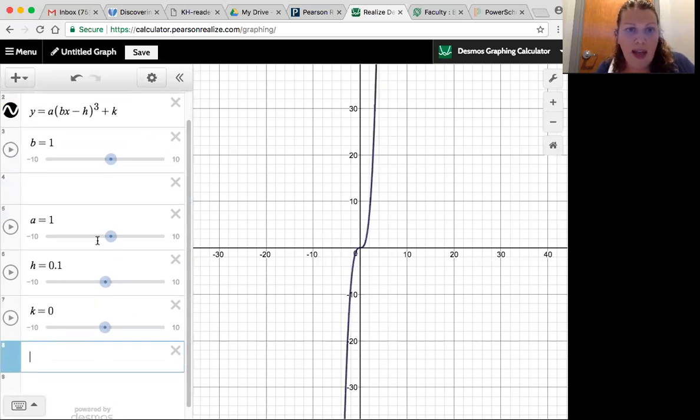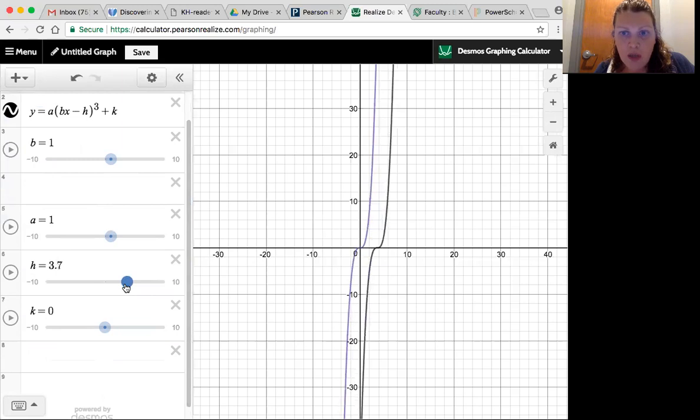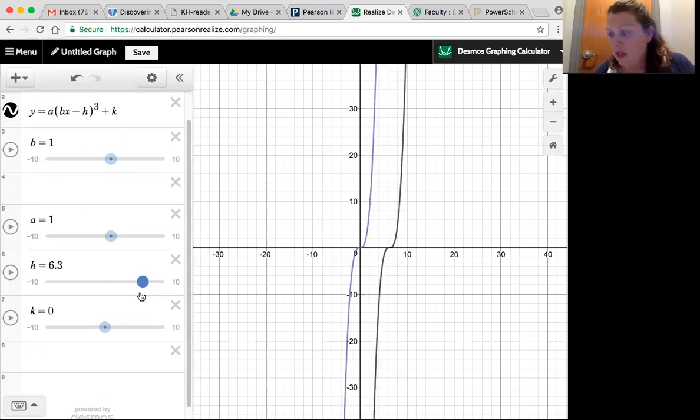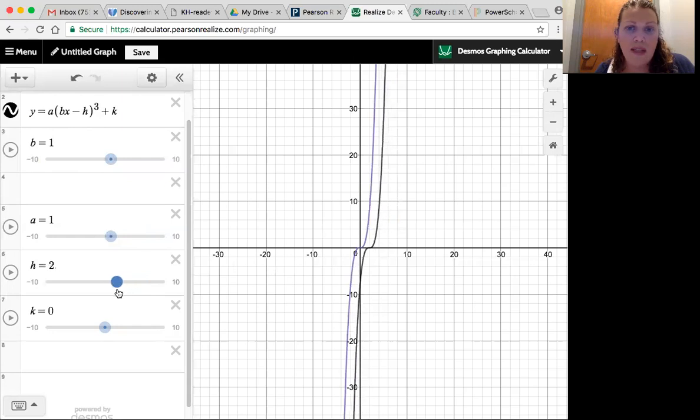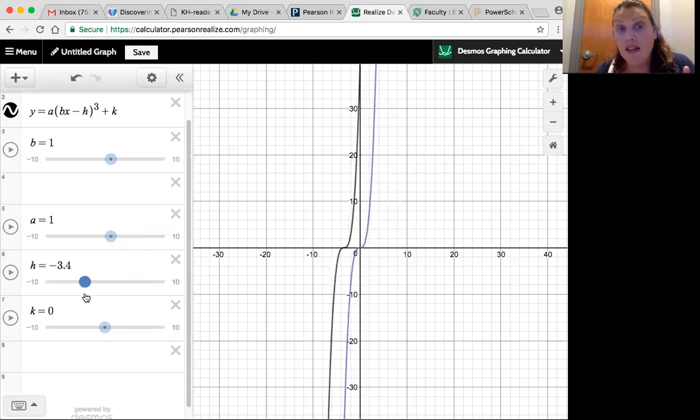And so now we just have this transformation. As I make h bigger, you notice that I'm moving it over into the left side. And the reason why that works is because I have a minus sign here. Or I'm sorry, I'm moving it over to the right side, which I think makes a little bit more sense. And then if I make it smaller, then it moves over to the left side. And so I tend to write it with a minus sign, but your book uses a plus sign, and I really don't care how you choose to use it. But you definitely want to use it.